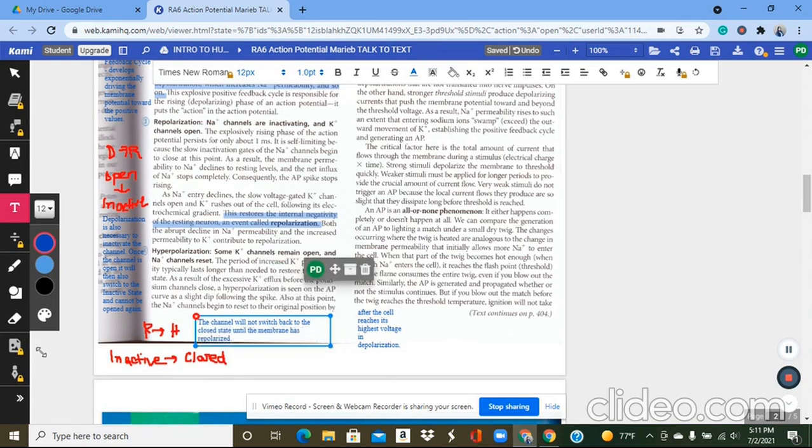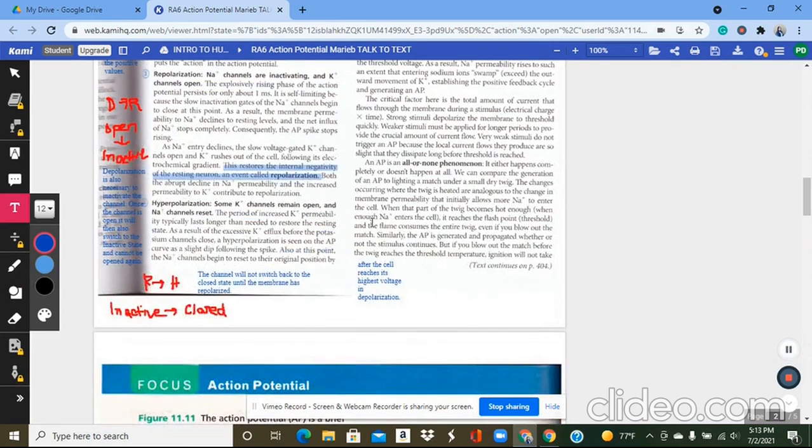So basically, in this state, the voltage gated potassium channels stay open a little longer than needed to bring the membrane back to its resting potential. Eventually they close and the membrane potential stabilizes at the resting potential.